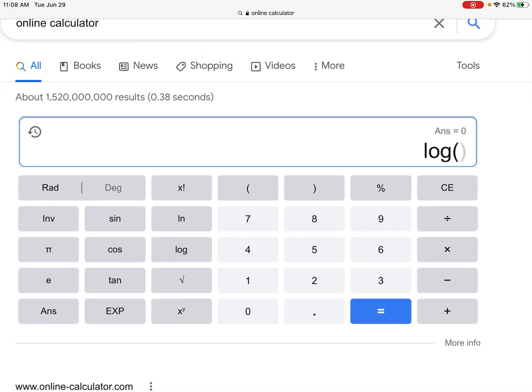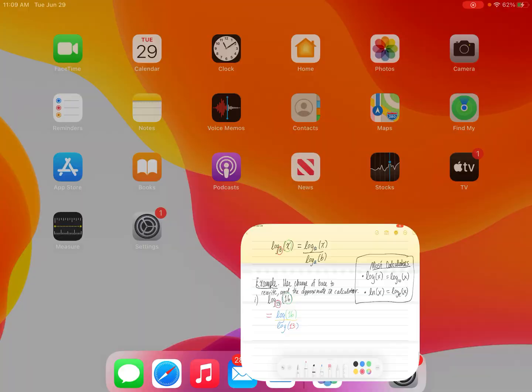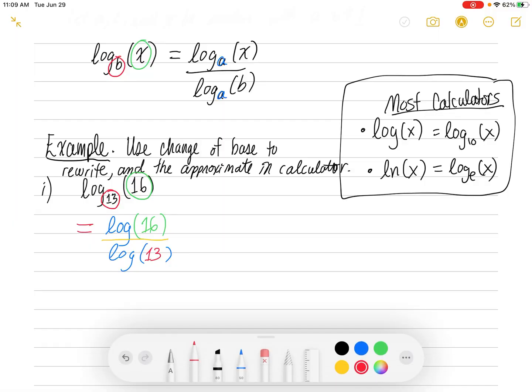Now, why did I change it to ordinary log base 10? Because you can take log base 10 in your calculator. So let's do that in our calculator. I would take log of 16, close parenthesis, and then divide by log of 13.